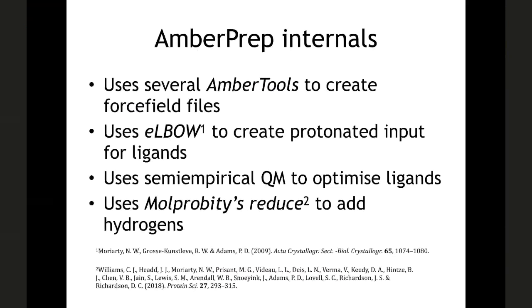As I recall, Amber Tools did have its own implementation of reduce, but we're also now using MolProbity's. So both the packages were needed to help get close to automation.